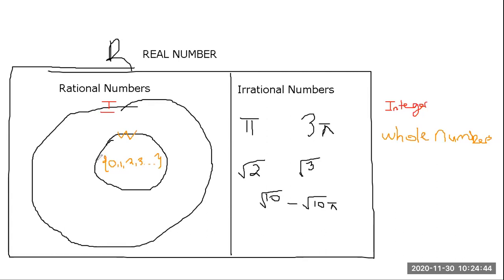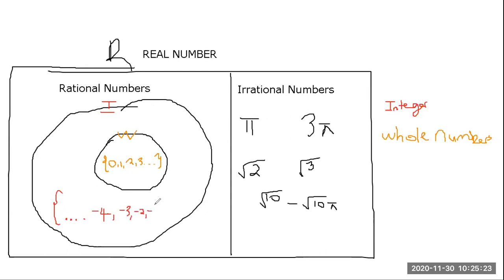So 2.3 is not a whole number. 2 is a whole number. 3 is a whole number, okay? And then now for integers, integers include all the negative numbers. So we have the negative numbers and the positive numbers, which also includes 0. So let me put that in. That includes negative 4, -3, -2, -1, 0, 1, 2, 3, and I'm going to put some dot, dot, dot so we understand that it's continuous.